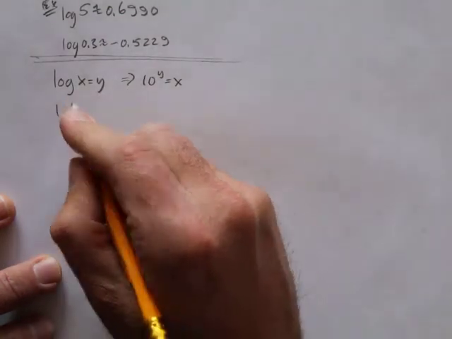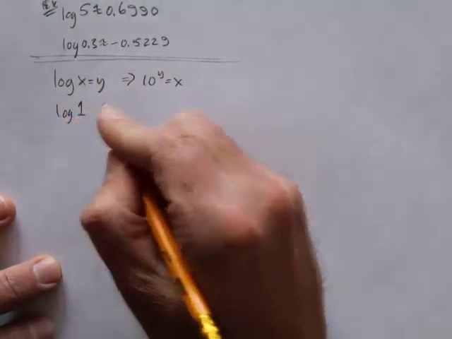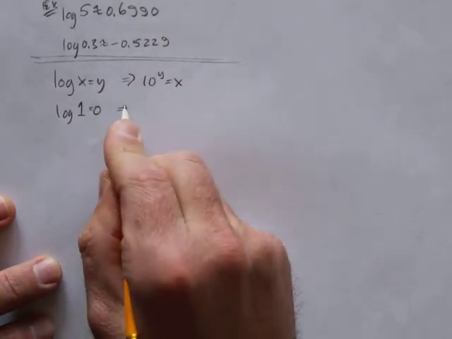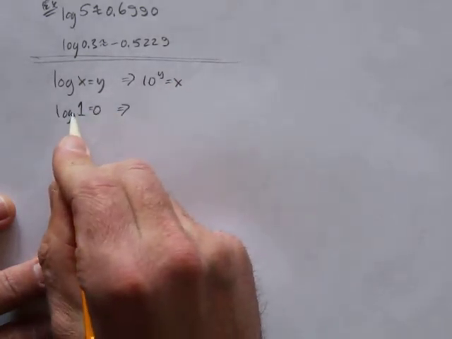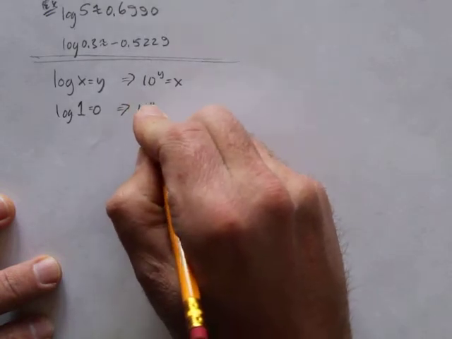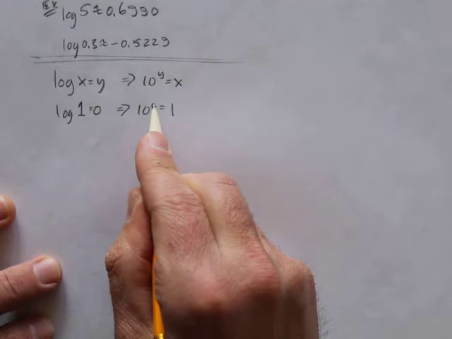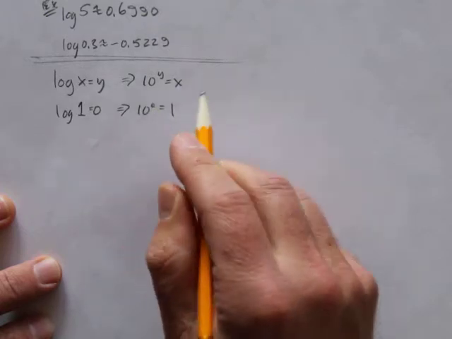If I have common log of 1 equals 0, that's because if I take that 0, jam it up in there, 10 to the 0 equals 1. Any number raised to the power of 0 equals 1.